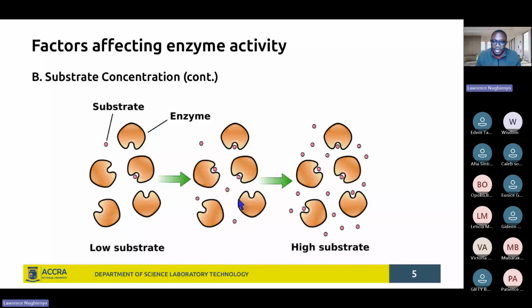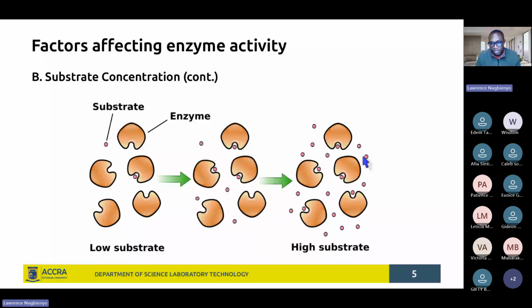In the last stage where you are seeing high substrate concentration, you have more substrates than enzyme molecules. And what you see is that all the enzyme molecules are engaged. They are all acting on some molecule of substrate. And you still have extra substrates with no enzymes attached to them.